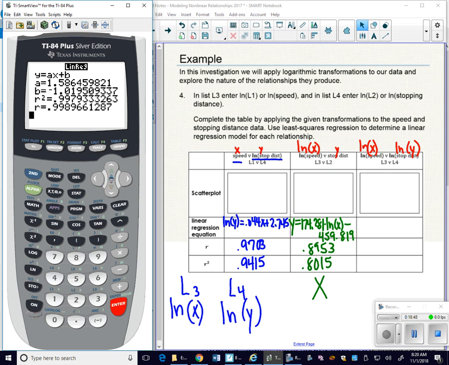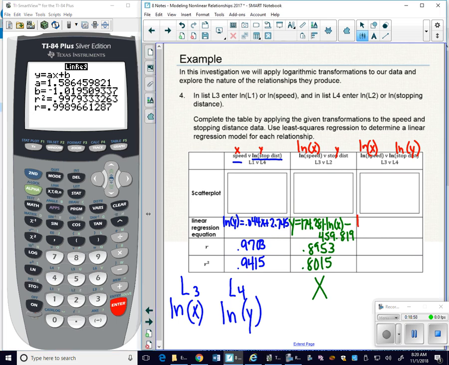look what you see. I've got to be careful when I write my equation, because now x and y, I've got to remember to write the natural log of x and the natural log of y. So I'm going to have the natural log of y is equal to, and the slope in this case is going to be 1.586, and that's going to be times the natural log of x minus 1.0195.